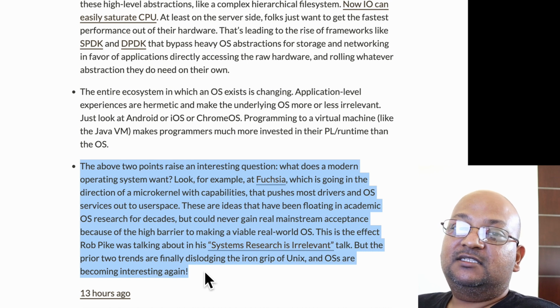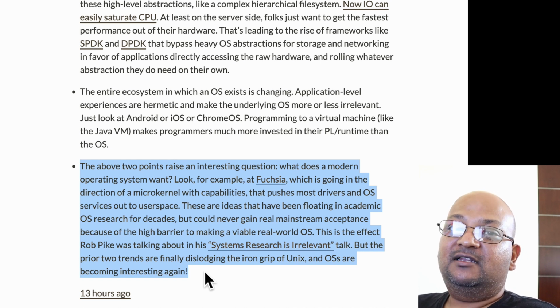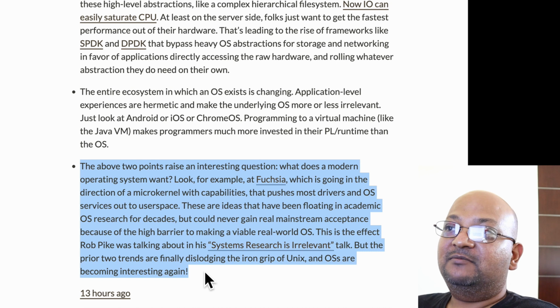They've been discussed and researched heavily in academia, but they could never really get real-world traction because in the real world, the engineering cost, the barrier of making a viable operating system, is so high. This is kind of the point that Rob Pike was making in his talk titled Systems Research is Irrelevant. If you haven't seen that, I highly recommend it.